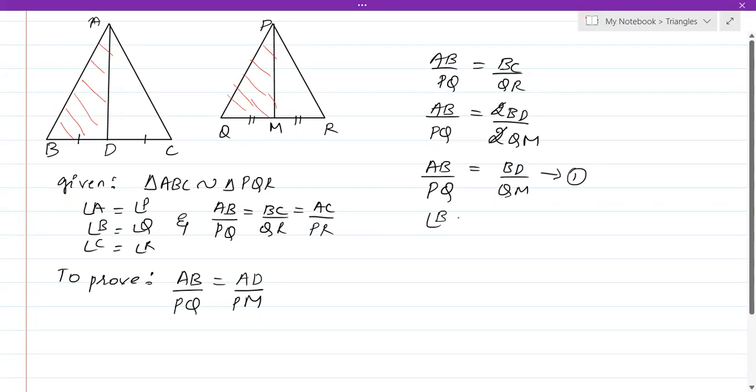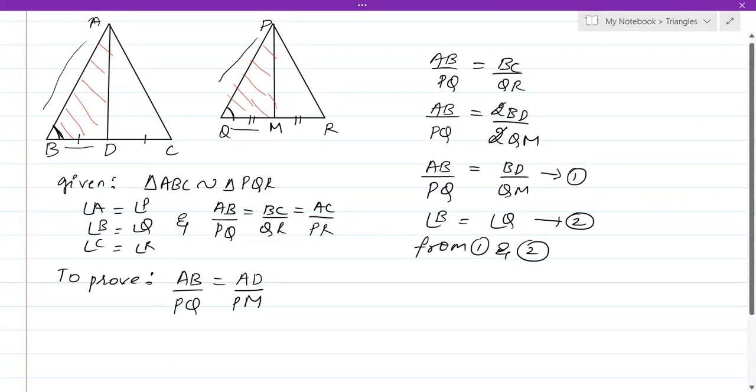And again, from the given thing, let's take angle B is equal to angle Q. Let's take this as equation 2. From 1 and 2, what can we conclude? If you observe, one angle, that is B and Q, is equal, and the sides containing the angle, AB, BD, PQ, QM, are in proportion.